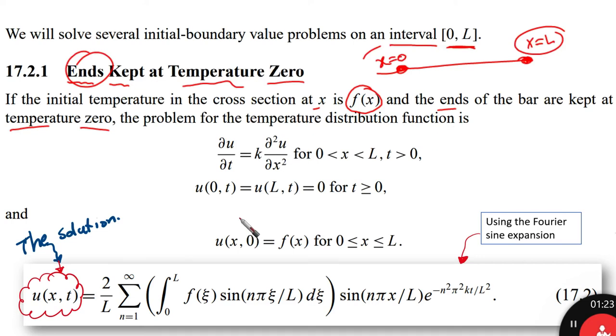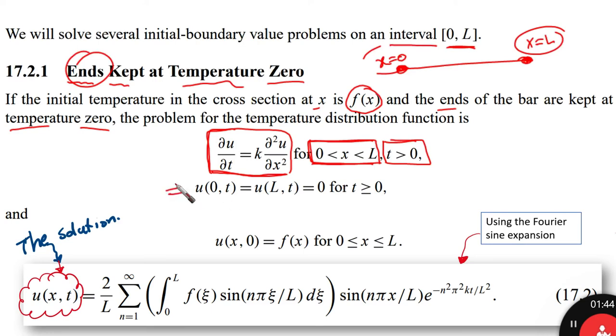In order to solve it, we're going to find that this is the heat equation, as we know, and this is going to be true along the bar length from 0 to L at any time t, right? And our condition is u of 0 and t, the temperature at the left, equal to the temperature at the right, x equal to L, equal to 0. Both of them are equal to 0 for any value of t equal to or larger than 0.